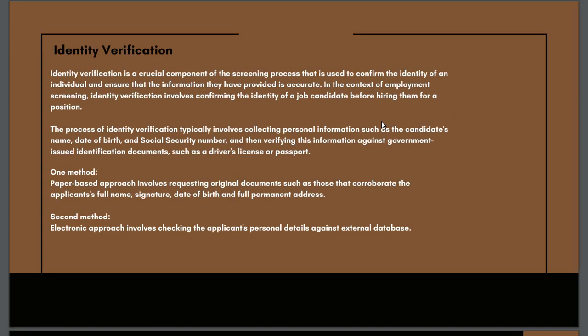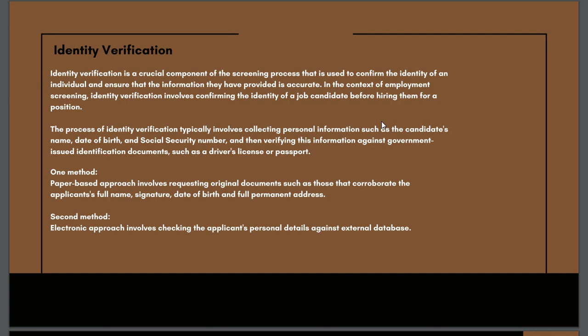So, identity verification is a crucial component of the screening process that is used to confirm the identity of an individual and ensure that the information they have provided is accurate. In the context of employment screening, identity verification involves confirming the identity of a job candidate before hiring them for a position.